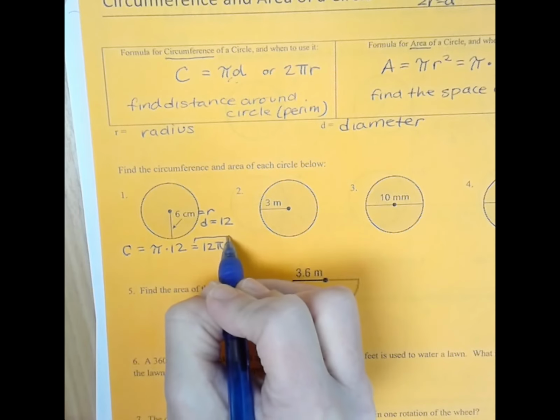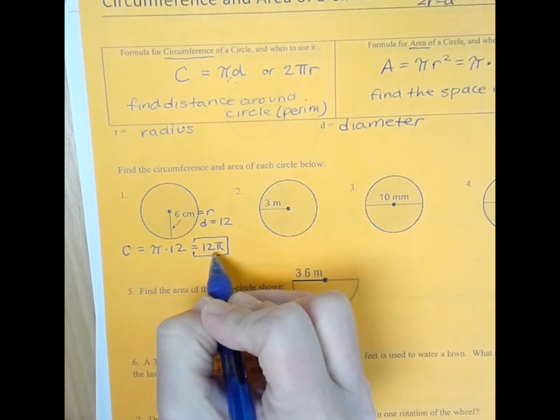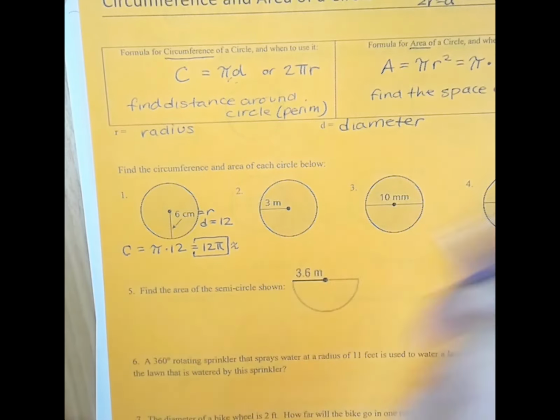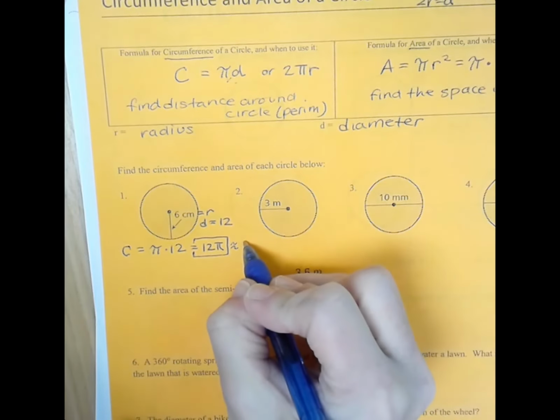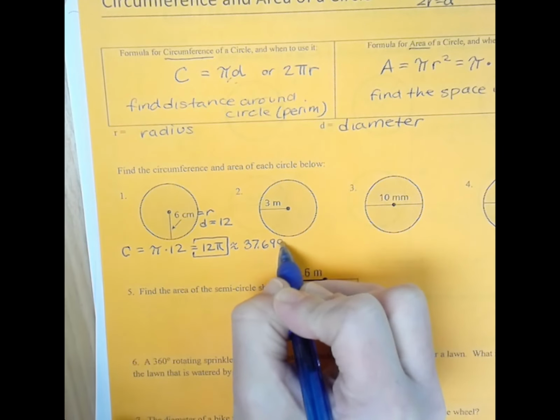This is something that we're going to learn. We can leave the answer in terms of pi, so we can leave the answer like that, or we can approximate what that equals by doing 12 times pi on our calculator. Okay, we usually round it, so it's 37.699.